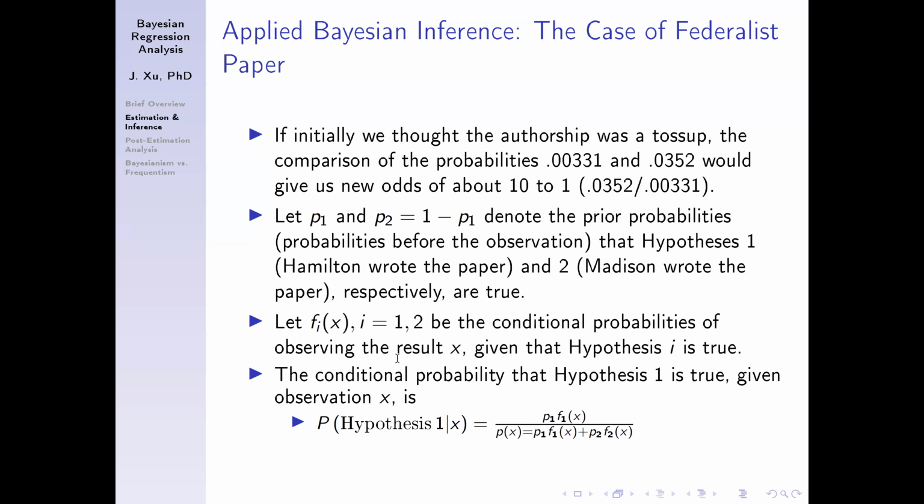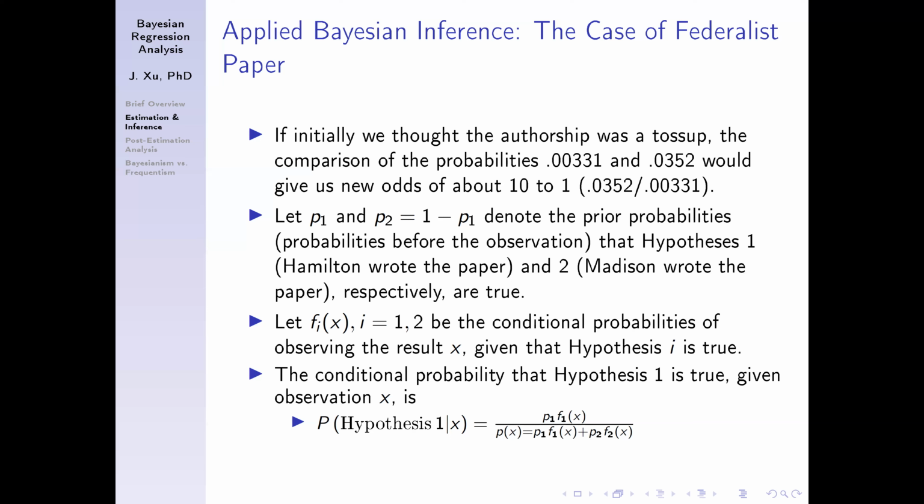But what we're really interested in is the probability of the hypothesis given the data, that is x, and that is equal to this ratio. In the numerator is P1 multiplied by f1 of x. Basically, it is a product of 2 probabilities.